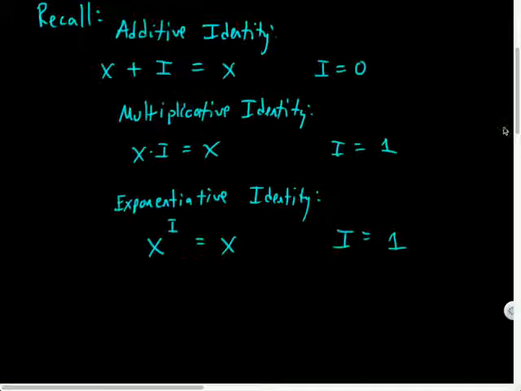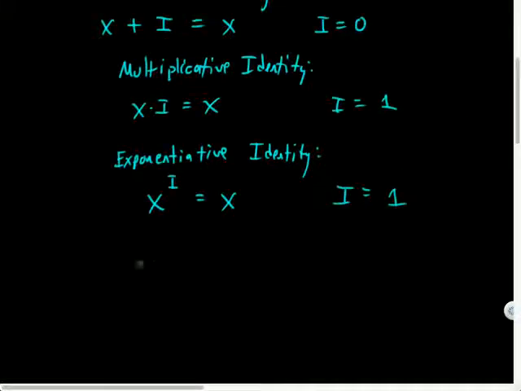Let's talk about inverses. Now, the idea of an inverse is that it's kind of a set number, depending on the operation, that will give us back the identity. All right? So, for instance, the additive inverse.